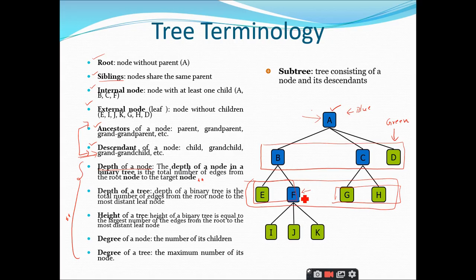So for the depth of node F, I go to the root node and follow the path until I reach F. The number of edges in this path A to F is one edge and another edge, so the depth of node F is 2. What is the depth of C?